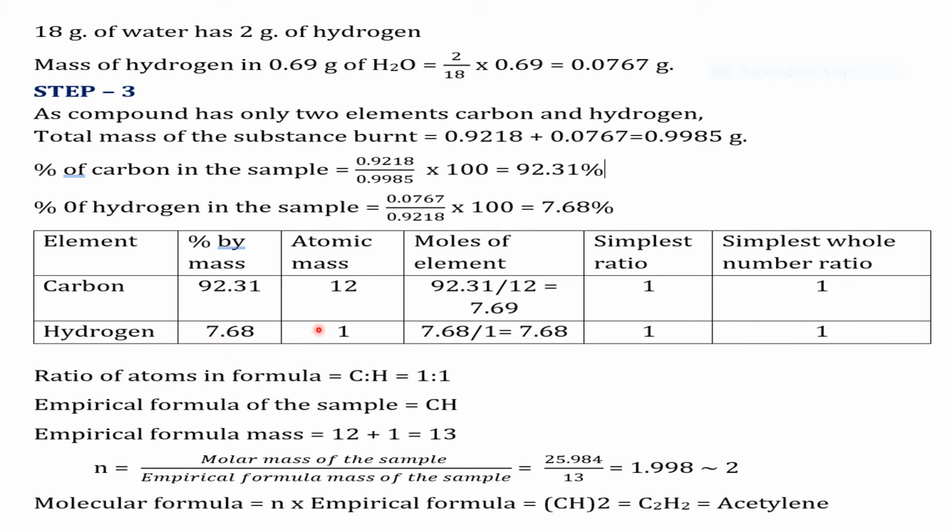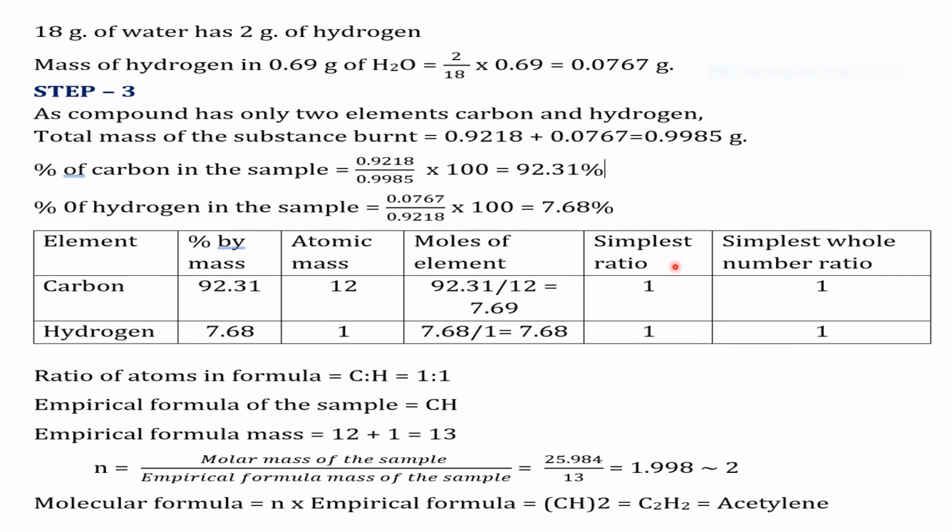Atomic mass of carbon is 12 and hydrogen is 1. Now let us divide this percentage mass by atomic mass. Therefore we get moles of each element. So 92.31 by 12 is equal to 7.69, and percentage of hydrogen 7.68 by 1, the atomic mass of hydrogen, is equal to 7.68.